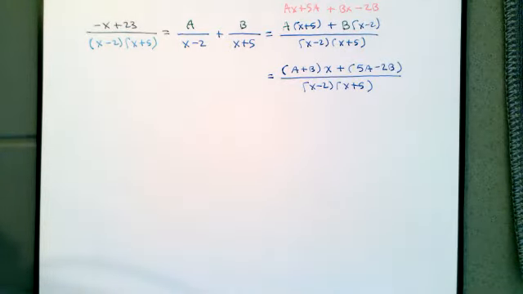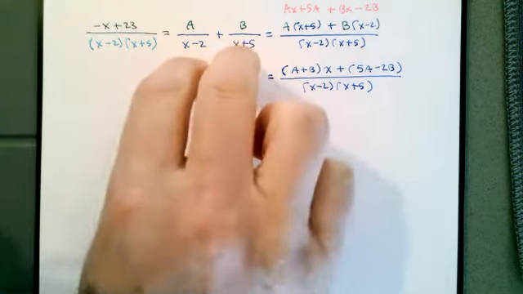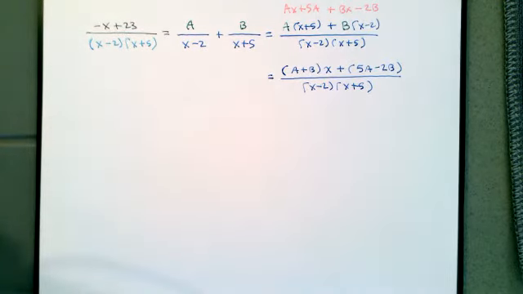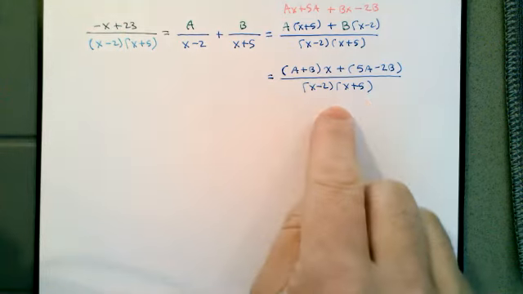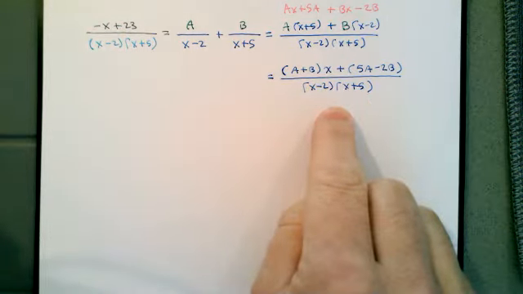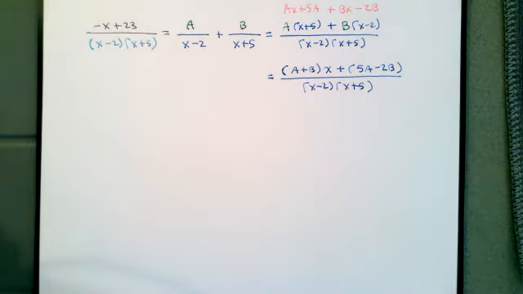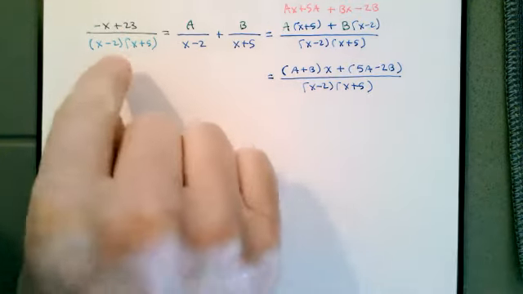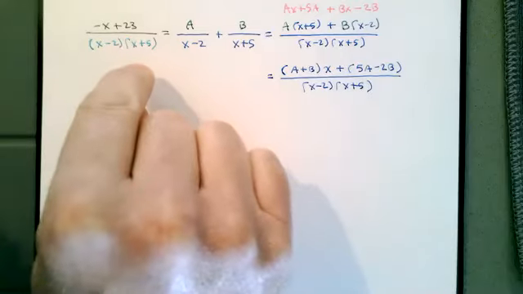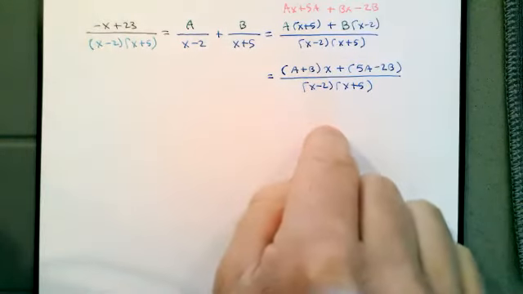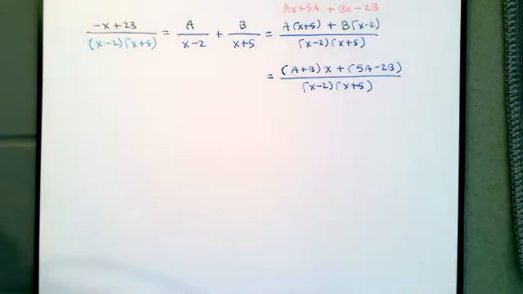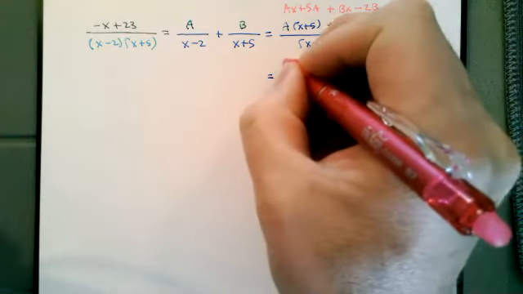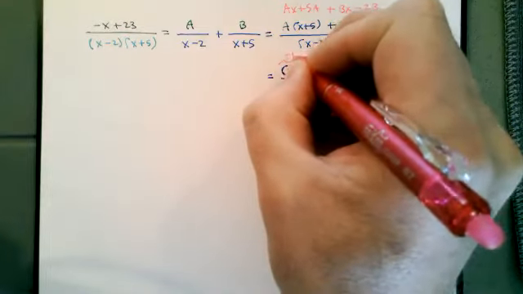The important thing that we notice here, now that we've just added our generic decomposition, is that I want this fraction with the A plus B times x plus 5A minus 2B all over x minus 2 times x plus 5 on the right to equal this one that we started with, negative x plus 23. The denominators are all the same. So this tells us that A plus B has to equal negative 1.